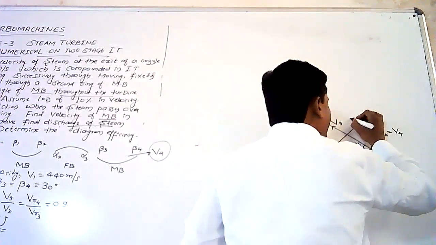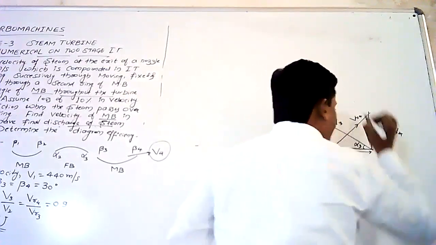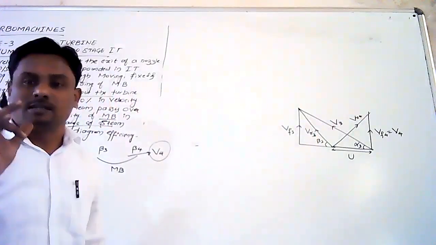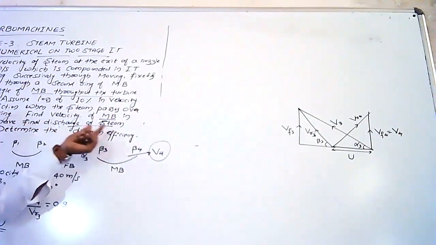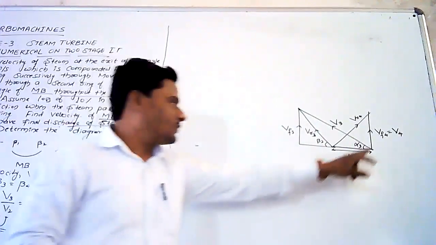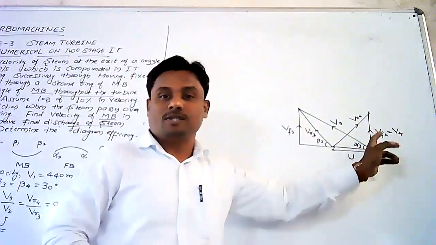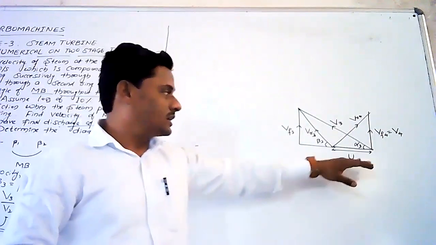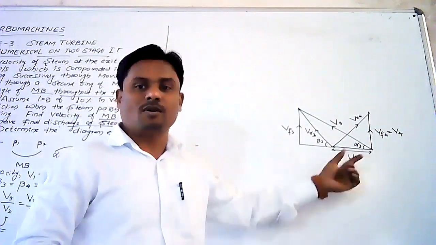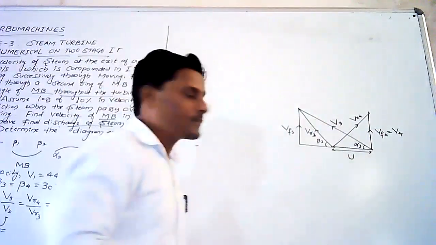That will give you Vr4, the relative velocity. To have the final discharge of steam axial means V4 equals Vf4. This is the condition for maximum blade efficiency. That's why we have to start the numerical from the second stage, because the U value is unknown here.